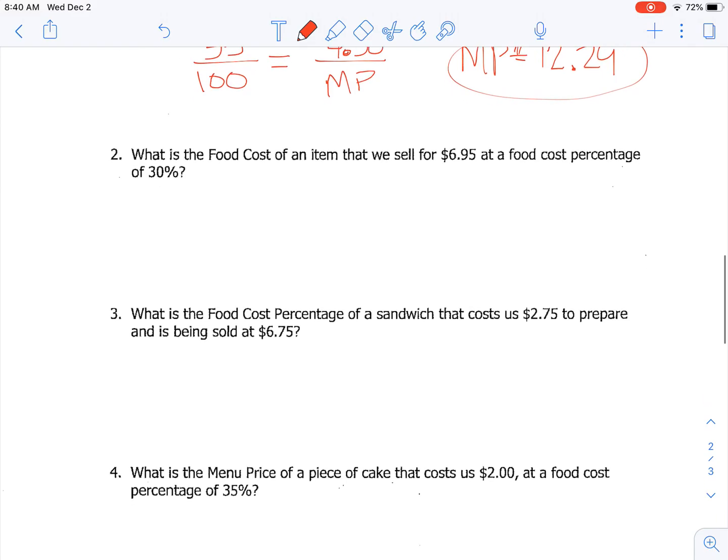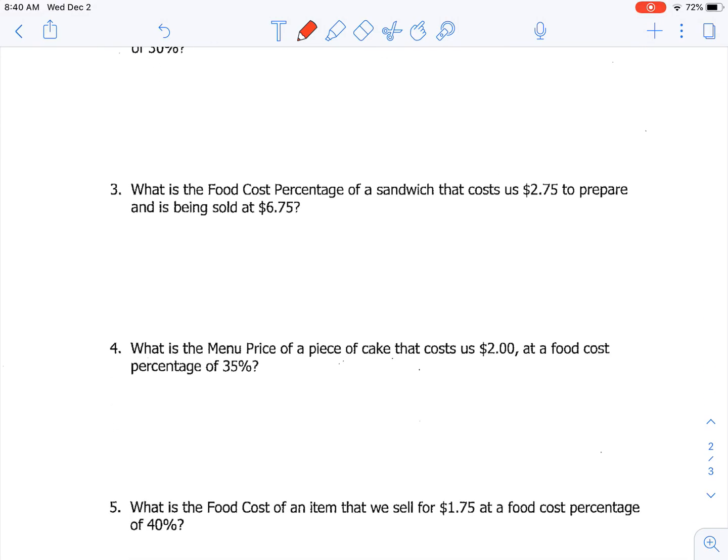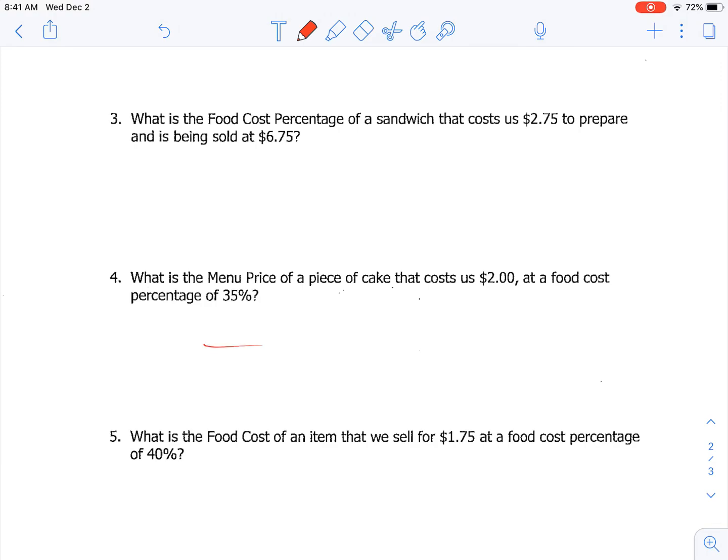So I want to jump down and let's talk about this one. This is another one where we're trying to calculate the menu price of a piece of cake that costs us $2 per portion to make it. 35 is the percentage. 100 goes on the bottom.